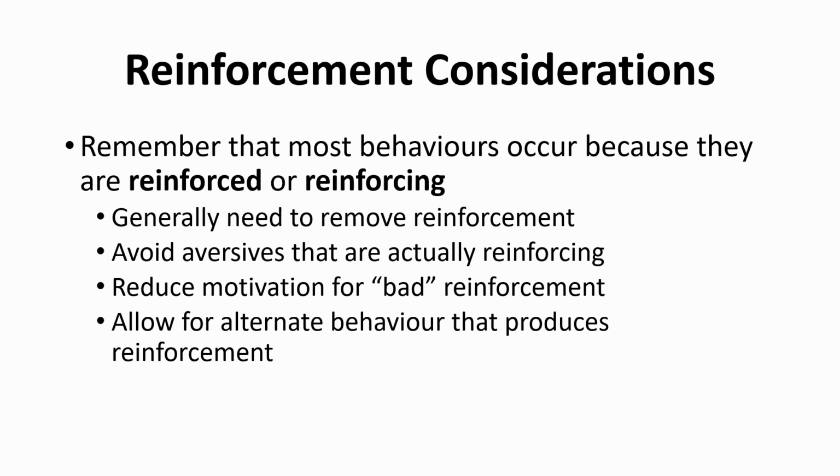So there's a combination of both reinforcing and punishing factors involved in most situations. So we do need to also consider the reinforcement side of things. So if we want to have effective punishment, if we want to effectively decrease the occurrence of a problem behavior, we generally need to try and remove or at least minimize that reinforcement side of the equation.